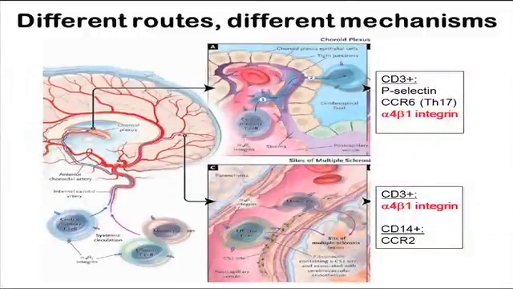So once again, immune surveillance uses specific molecules to get cells out of the stromal vessels across the epithelium and into the CSF.